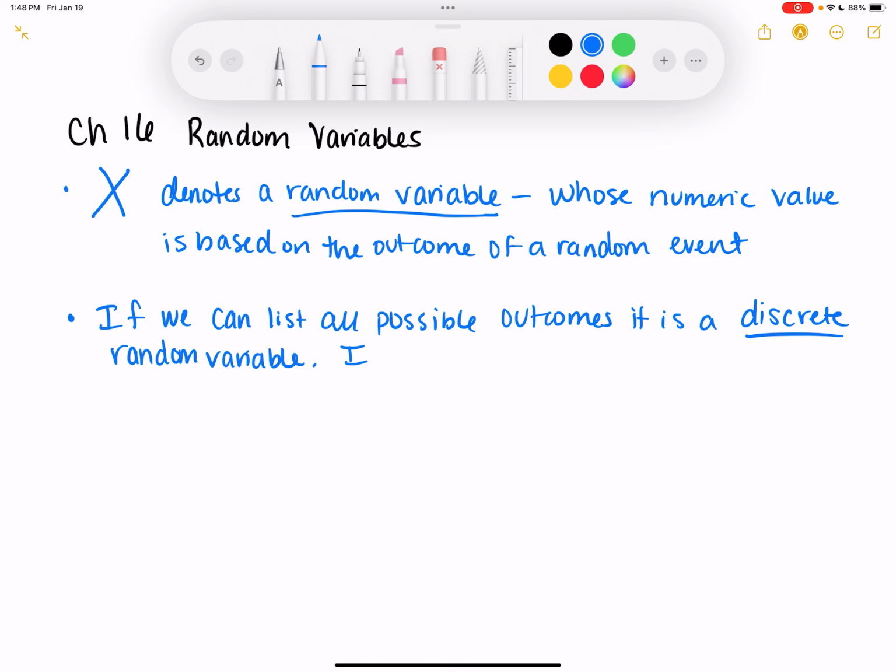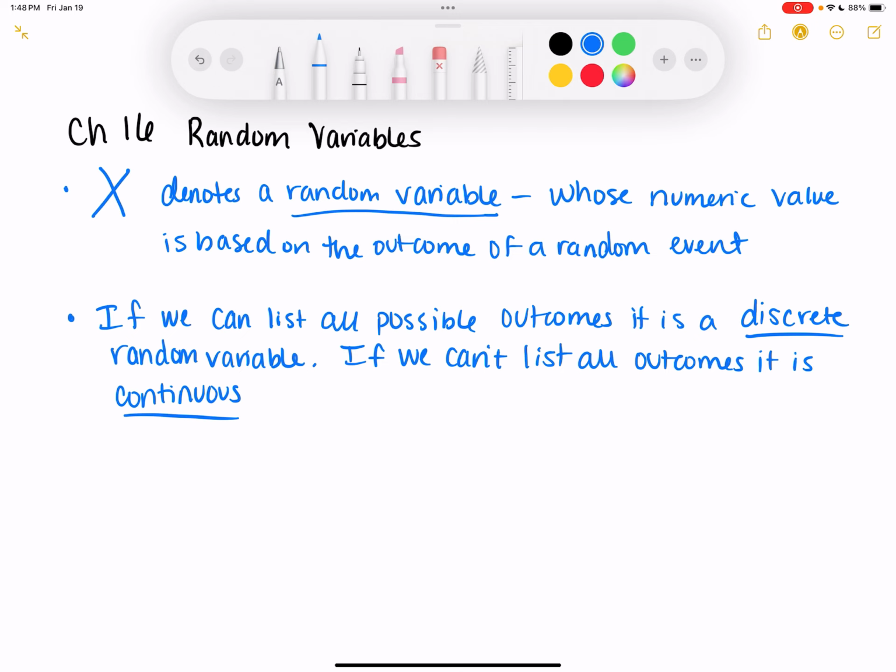If we can't list all outcomes, it is continuous. So if we can, it's discrete. If we can't, it's continuous.